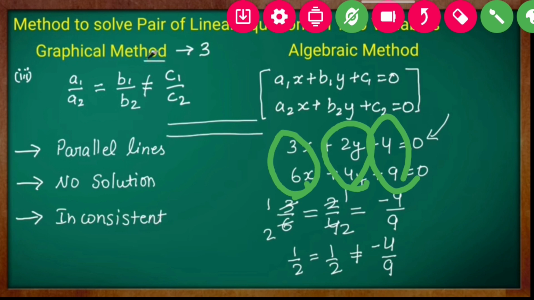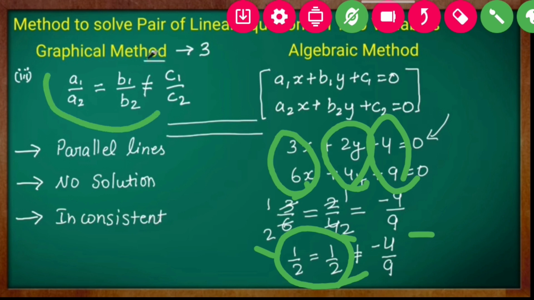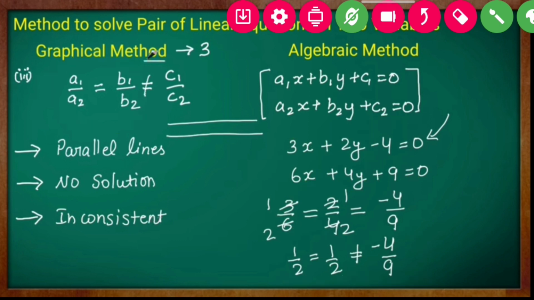So the answers are 1 upon 2 and 1 upon 2, which are equal, but c1 upon c2 is 4 upon 9, which is not equal to a1 upon a2 and b1 upon b2. That is why the graphical representation is parallel lines. If we draw the graph, both lines are parallel.